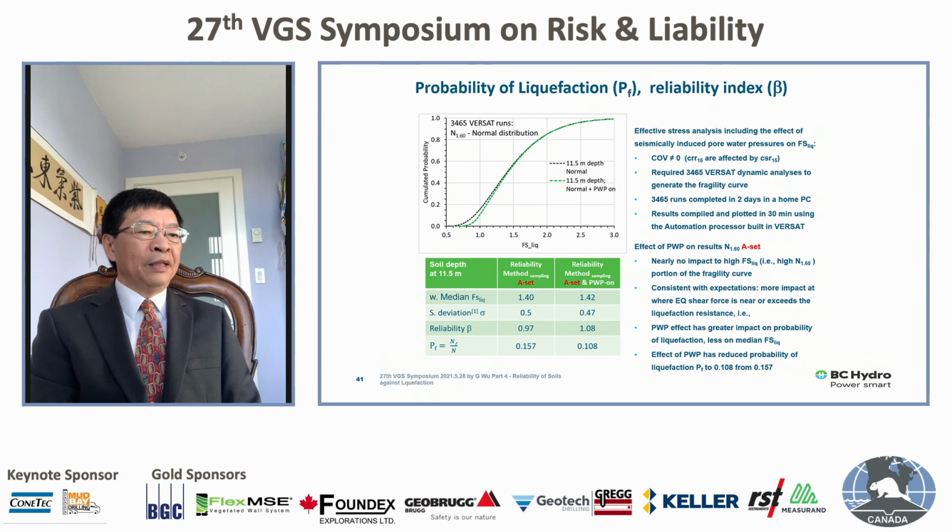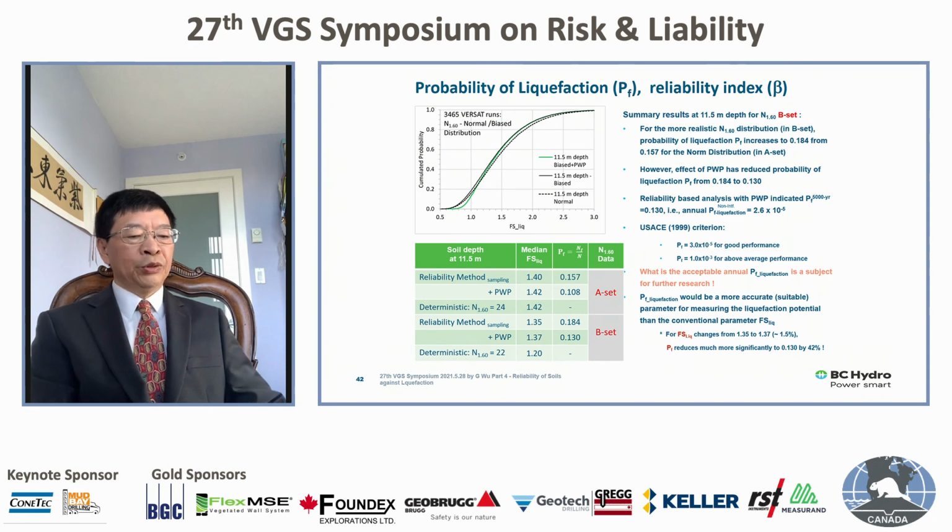Basically, I did 3,465 runs in Versat and computed the curve in green. That is the figure on the left. The green is the result from the effective stress analysis. As you can see, the effect is not in the middle, but in the lower part. So with a factor of safety of 1, there's a major effect on the probability of liquefaction when using the effective stress analysis. Next slide, please.